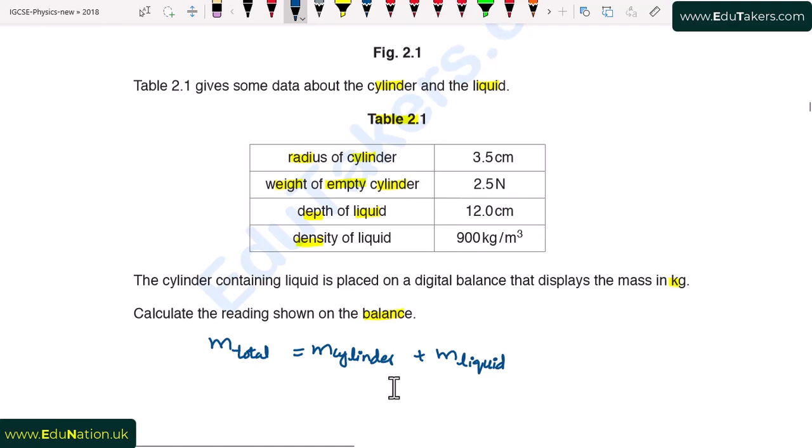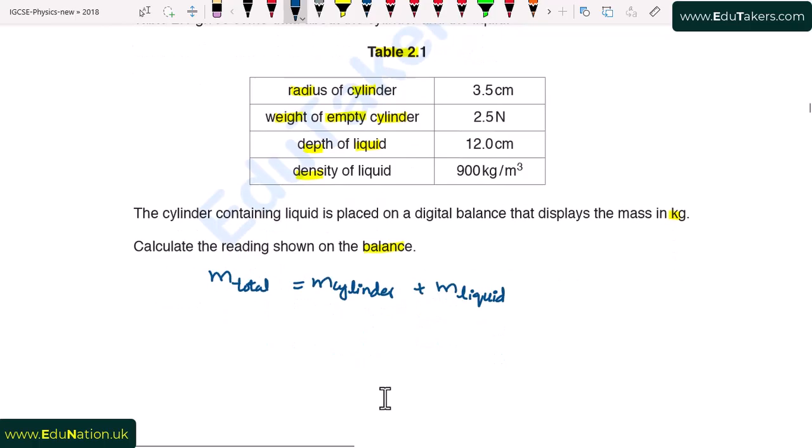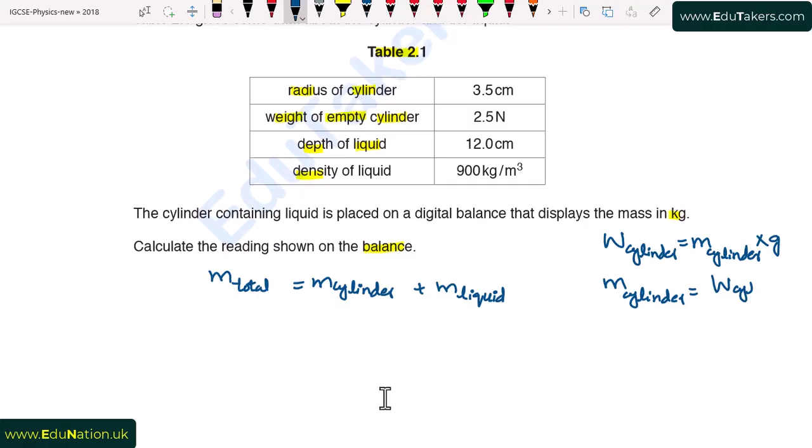From here we can easily calculate the mass of the cylinder. I write here: weight of the cylinder will be equal to mass of the cylinder multiplied by g. Here we have to find the value of mass. It will be equal to weight of the cylinder divided by g.